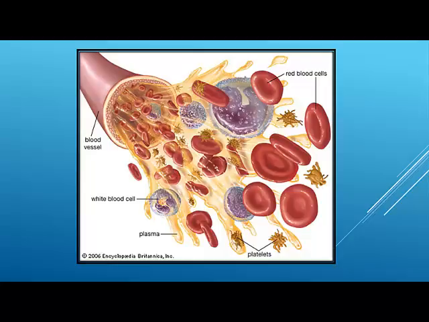So we have seen that the CSF is a filtration of the blood. It is the blood plasma that is really the cerebrospinal fluid. And the plasma of the blood is a charged fluid that carries all the nutrition and oxygen to the trillions of cells of the body.